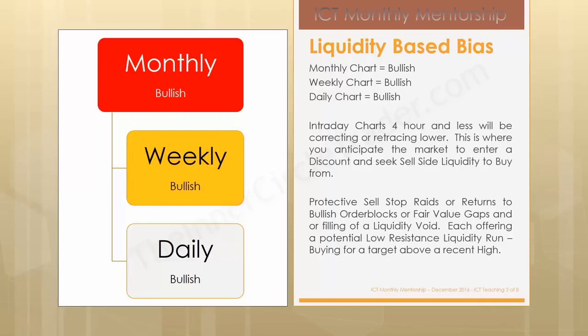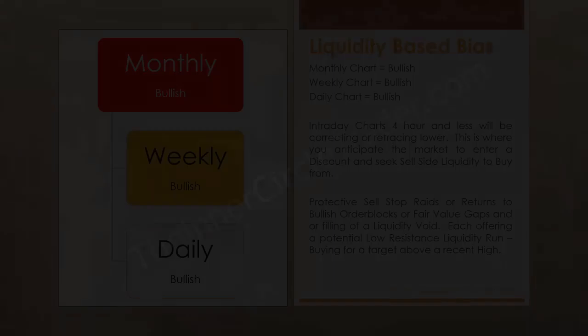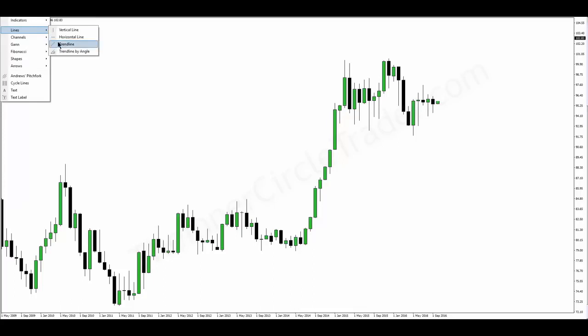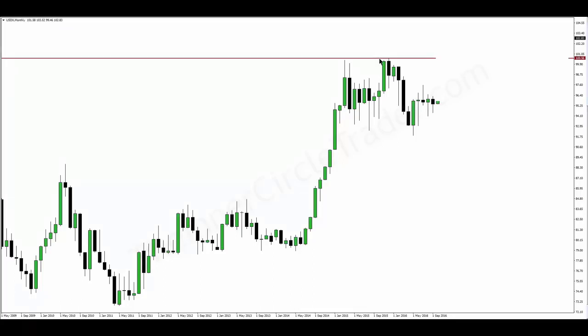So let's take a look at the monthly, weekly, and daily on the dollar index and give a conceptual idea of what I'm referring to here using bullish order blocks. So you take a look at the resistance levels you see here.